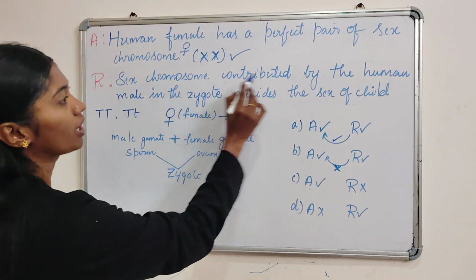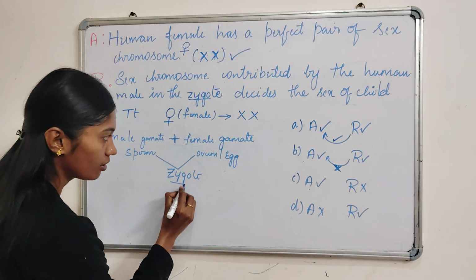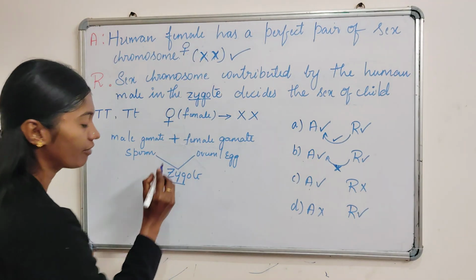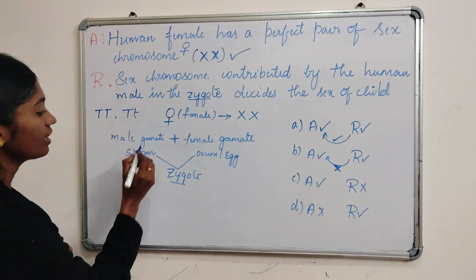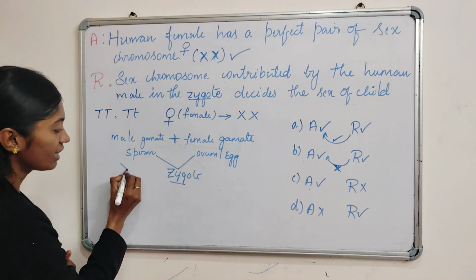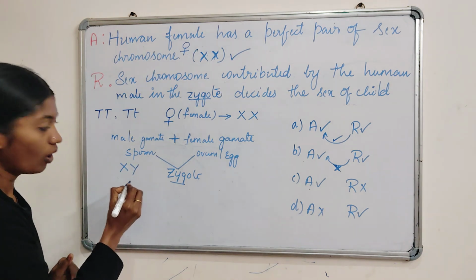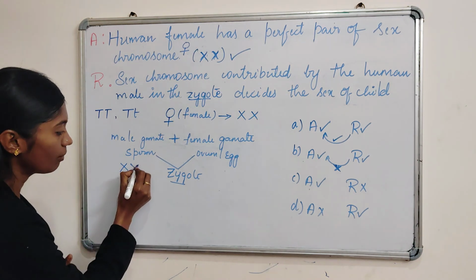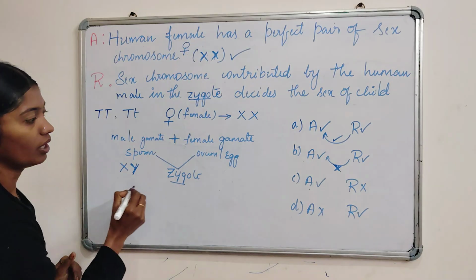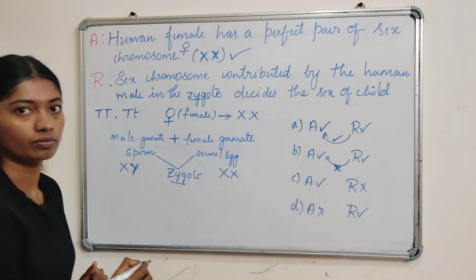Sex chromosome contributed by the male in the zygote. This is the zygote formed from the fusion of male and female gametes. The male sperm will be having either X or Y chromosome, whereas the female will be having only X chromosomes.